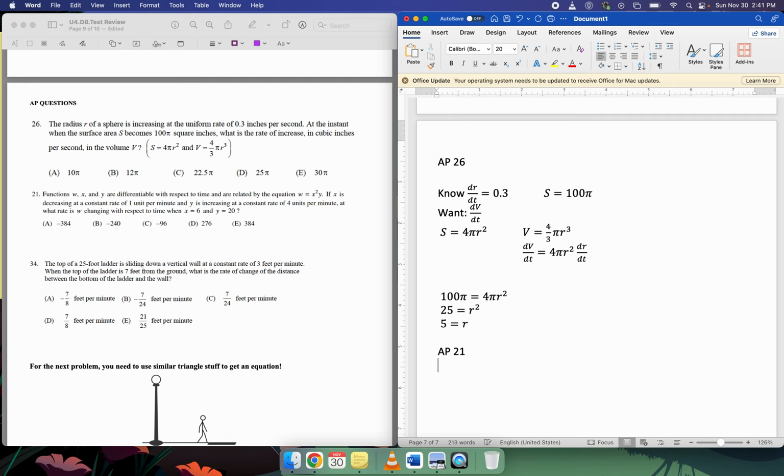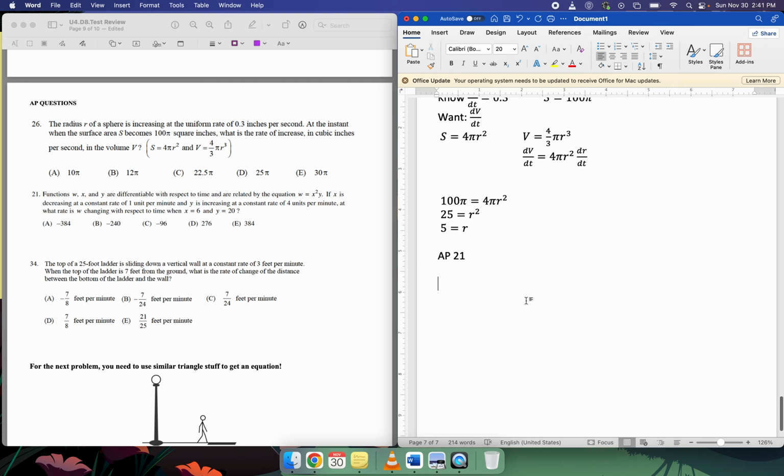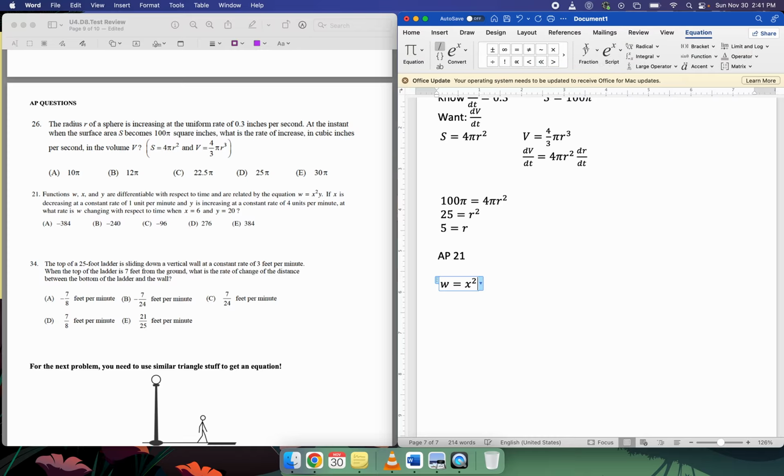AP 21. Functions w, x, and y are differentiable with respect to time and are related by the equation w equals x squared y. Okay. If x is decreasing... Okay, this is a related rates problem, except with no physical context whatsoever.